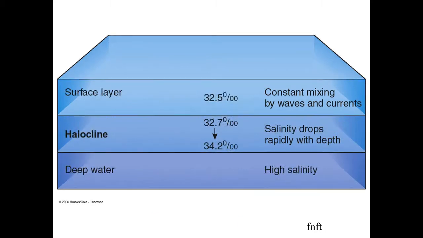Conversely, if I were to ask you about salinity, you're going to tell me that the surface layer is the least saline. The deep layer has the highest saline. And the middle, there's our cline, there's our change, drops rapidly with depth. Okay? Now, by dropping, what it's telling us is that the salinity amount is increasing.